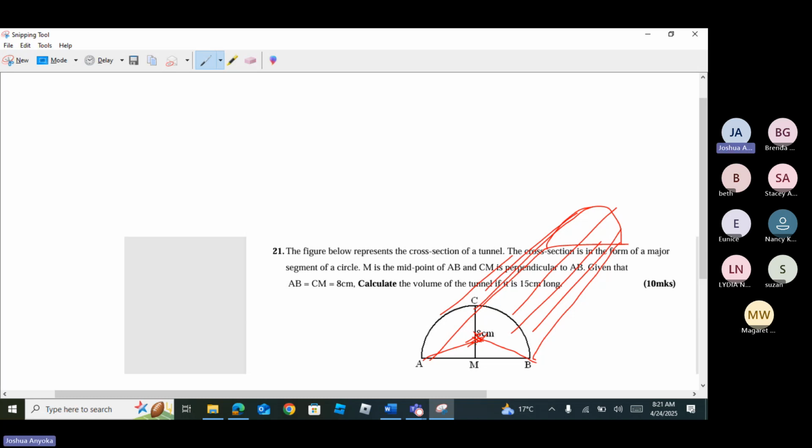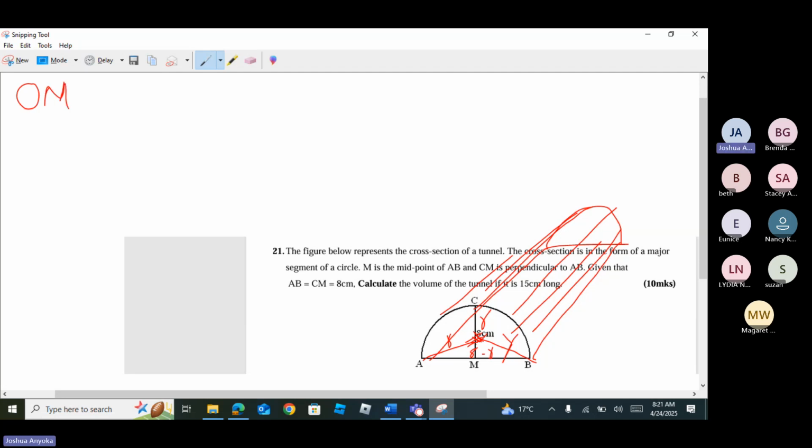If we let the radius of this circle be R, the length on this side is R. So what will remain is 8 minus R as the distance OM.